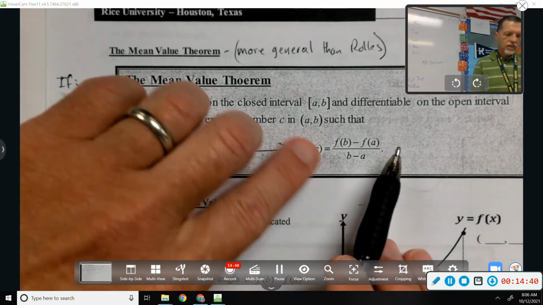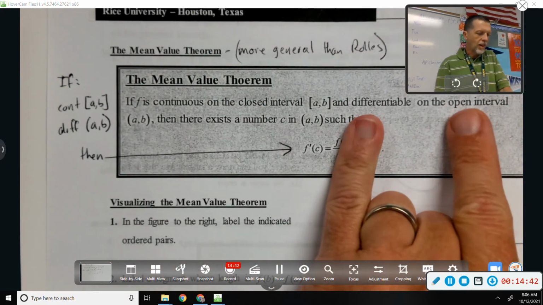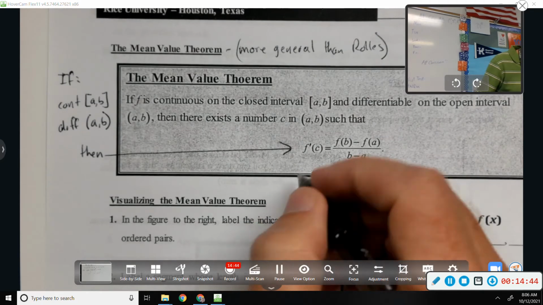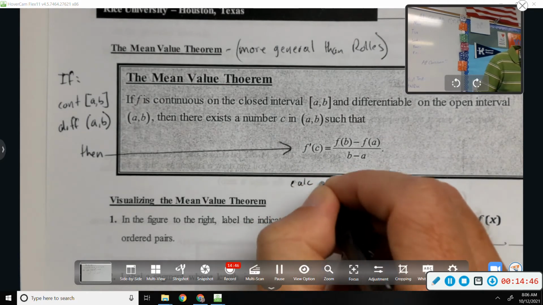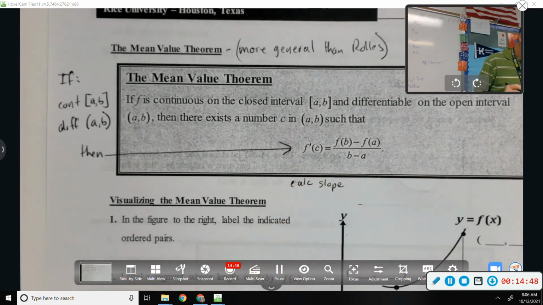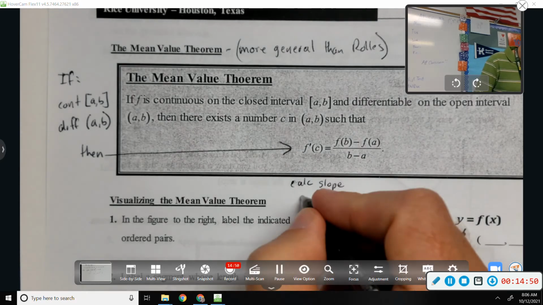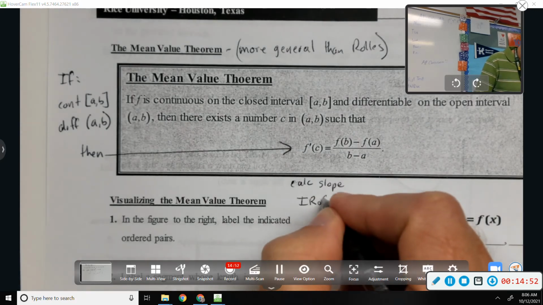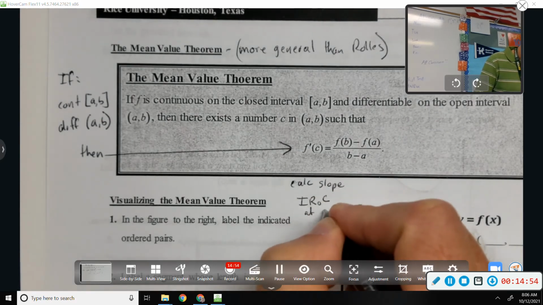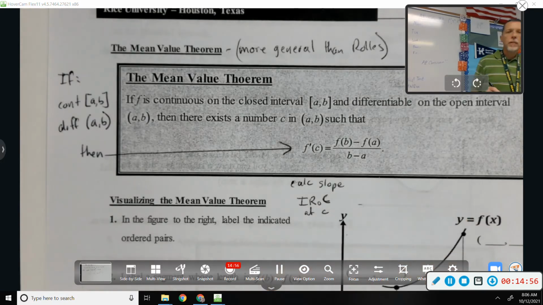Well, let's start with the left-hand side. So f prime of c, that's like calculus slope, or instantaneous rate of change at c. That is f prime of c, the derivative at c. What's the right-hand side? Do you recognize what that is?